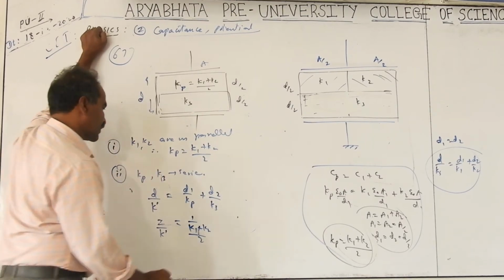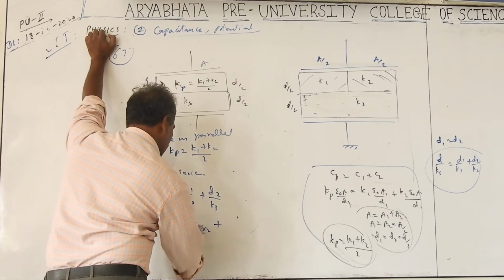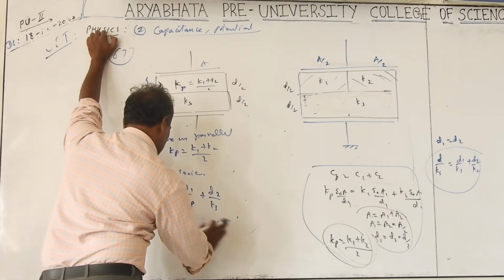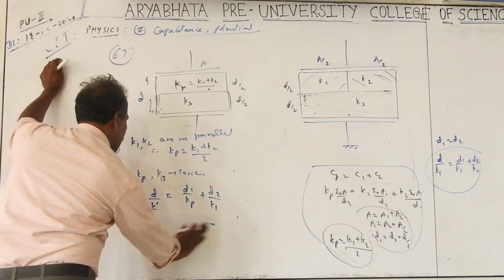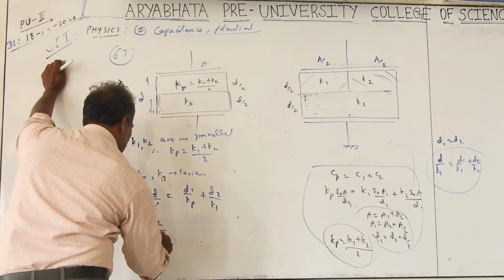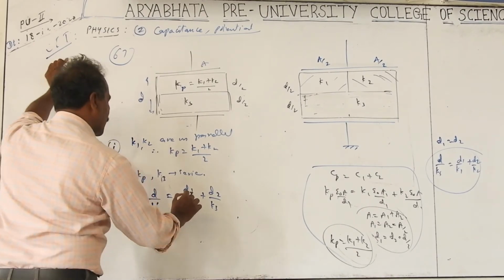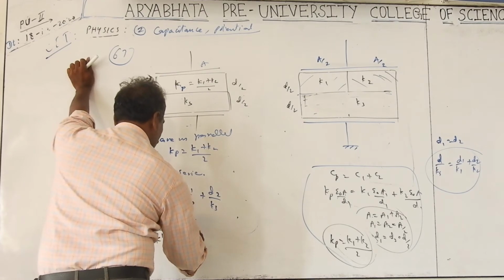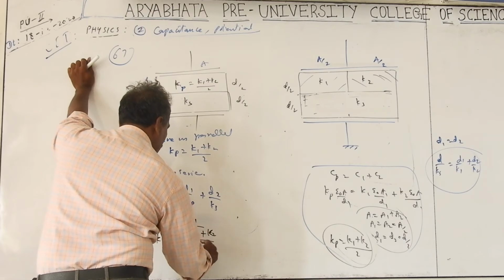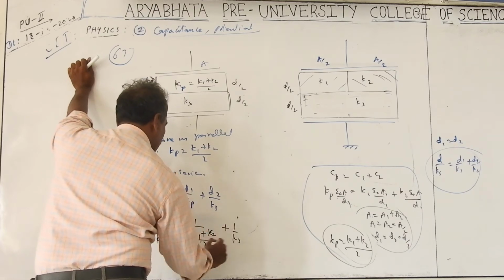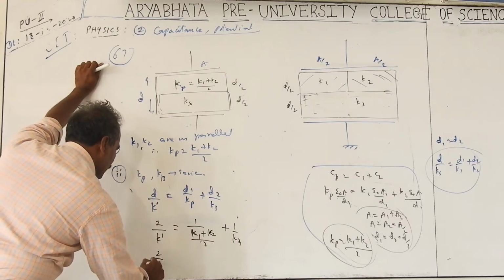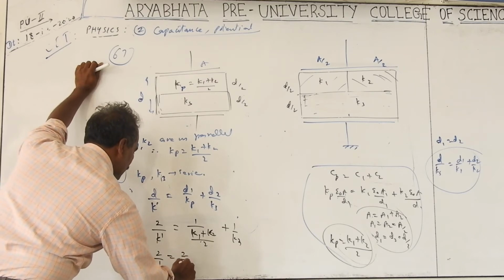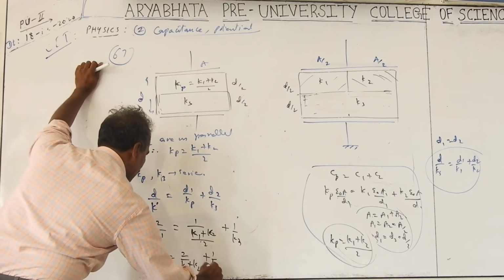The 2 goes to the numerator, plus 1 by K3. So 2 by K prime is equal to 2 by K1 plus K2 plus 1 by K3.